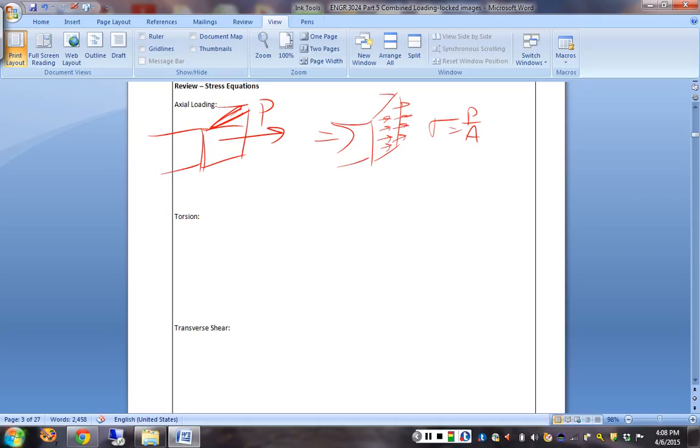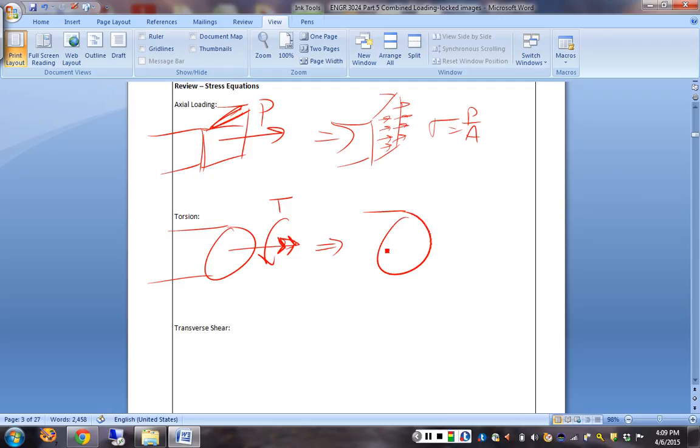If we have torsion, and we can draw this with a double arrow and an additional arrow to indicate the sense of it.